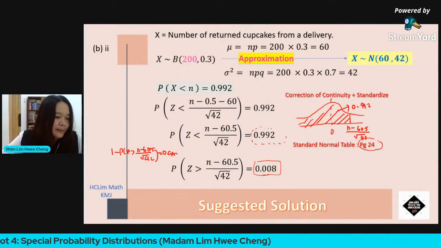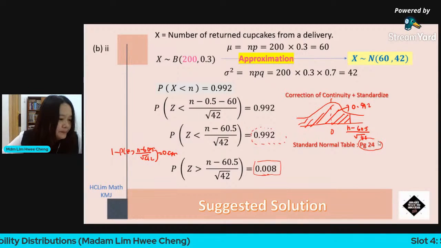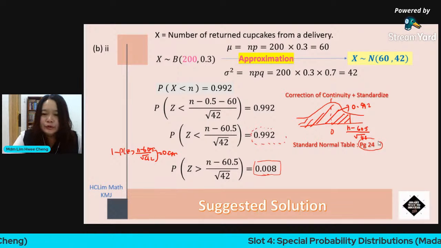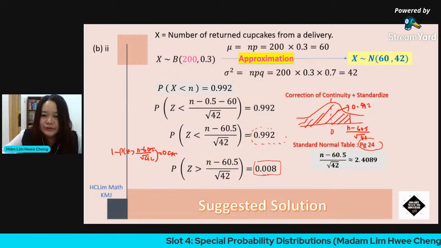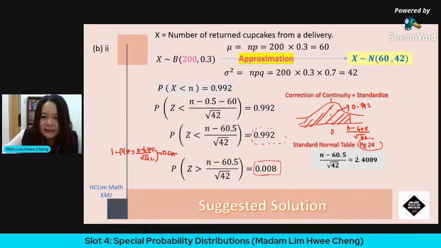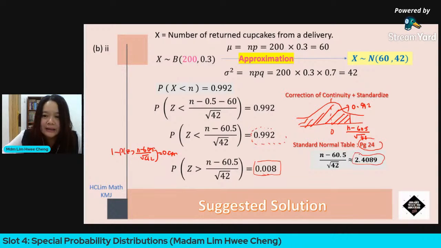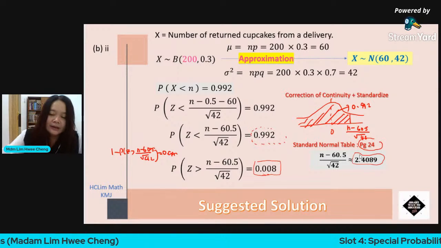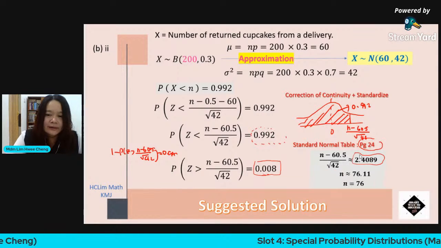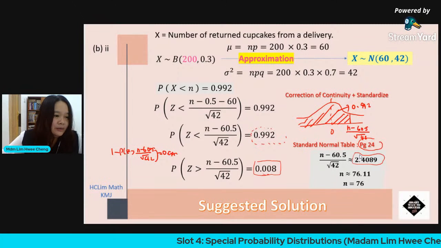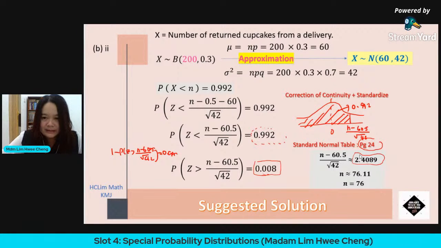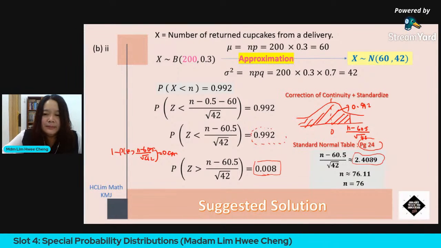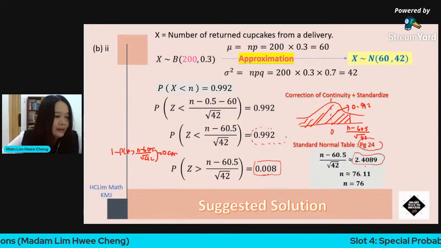Okay, you go to page 24 first, so you will notice that. You will read that this value for 0.008 is 2.4089. Then you rearrange, only you will get n equal to 76. If you read from page 21, you can only get 2.41 only.